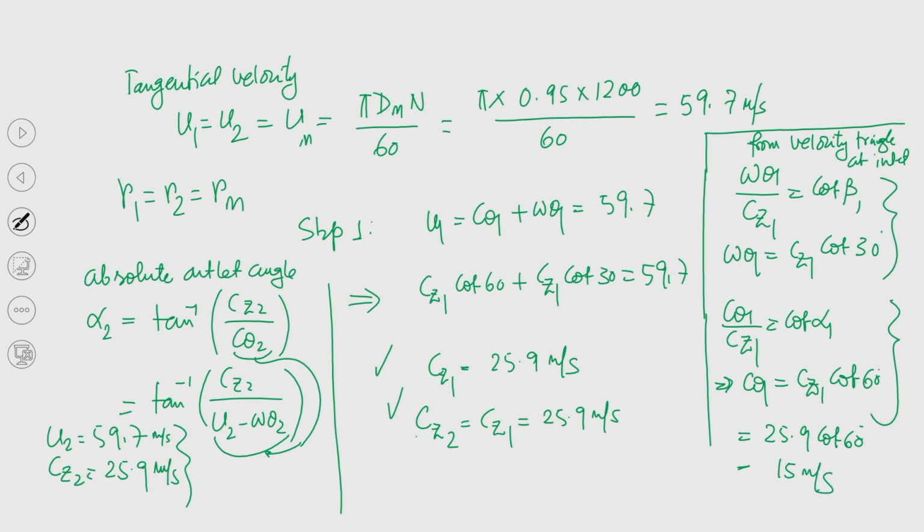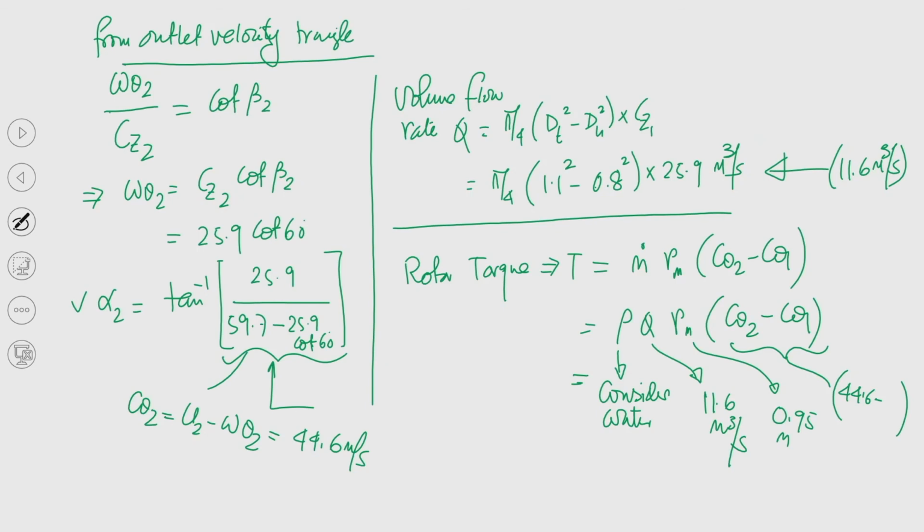So, we know Cz1 already, 25.9, and with cot 60 it comes as 15 meter per second. Now, if we plug in the value, this is 15, and we can easily calculate the torque. It will be half of 0.95 meter, and the unit is very important: Newton meter.